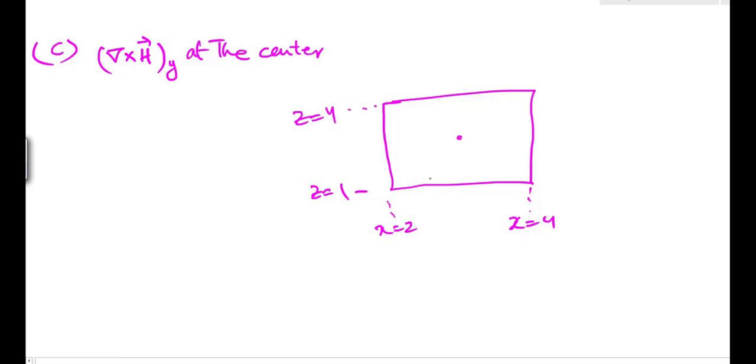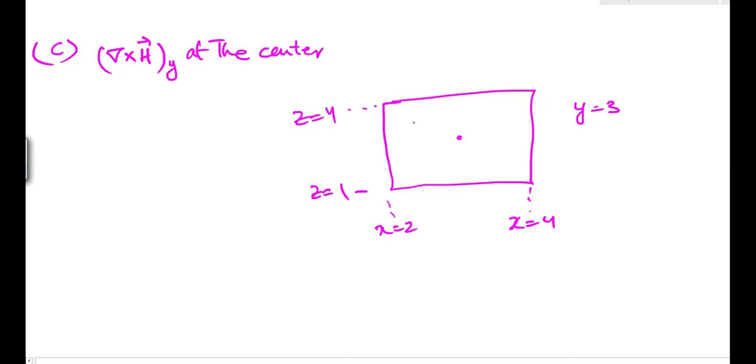Remember, in the beginning of the question we have been given that this plane is in the xz plane, at y equals constant, this is at the y equals 3 plane. So the y coordinate of the center will be again the same, y equals 3. What will be the other coordinates?